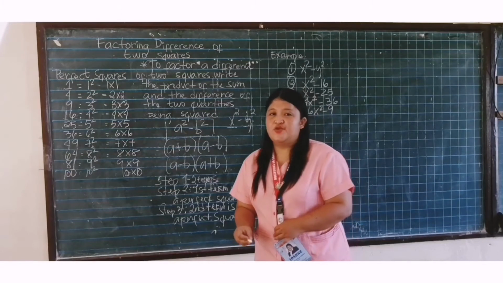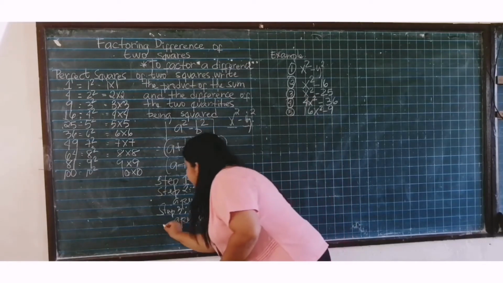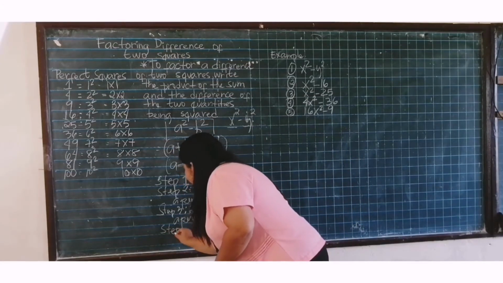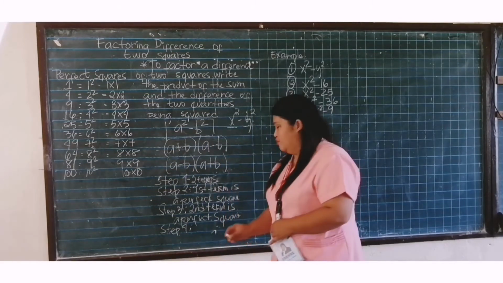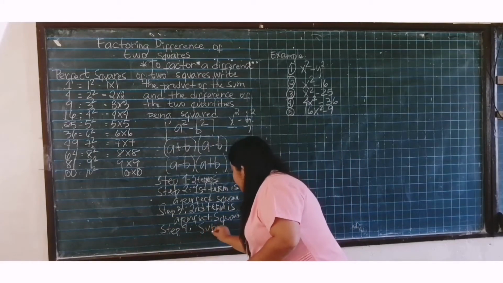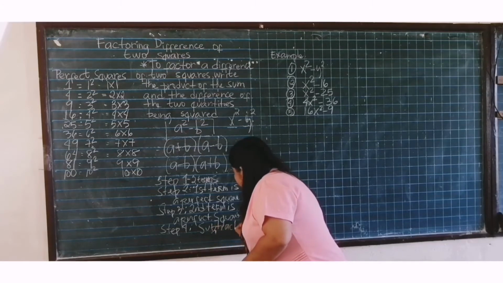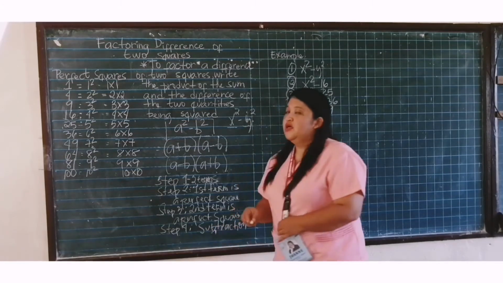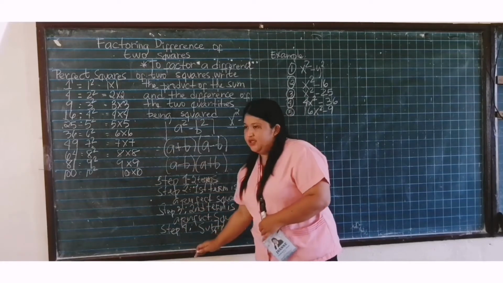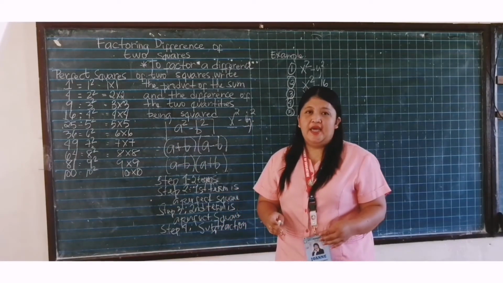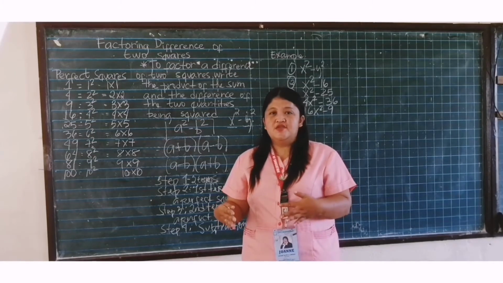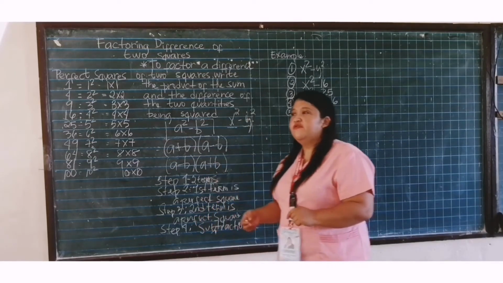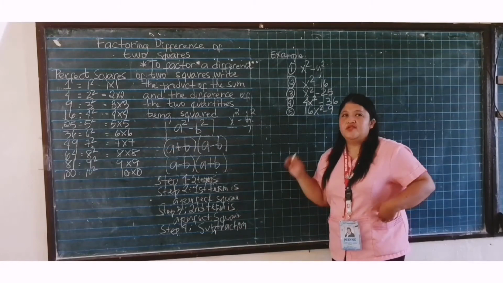And for the last one, step 4, the operation must be subtraction. Following this pattern, we can easily identify if the given polynomials can be factored using the difference of two squares. Let us try to solve our 5 examples on the board.